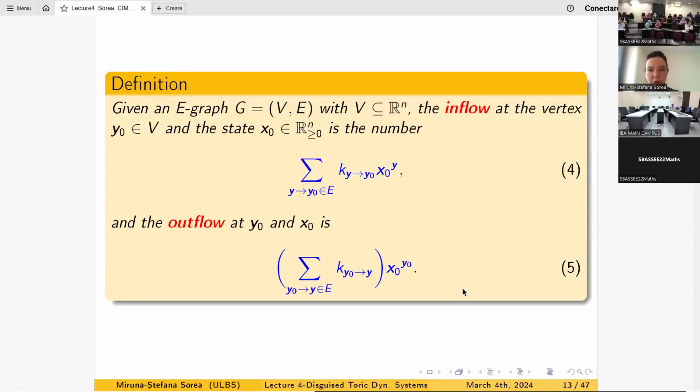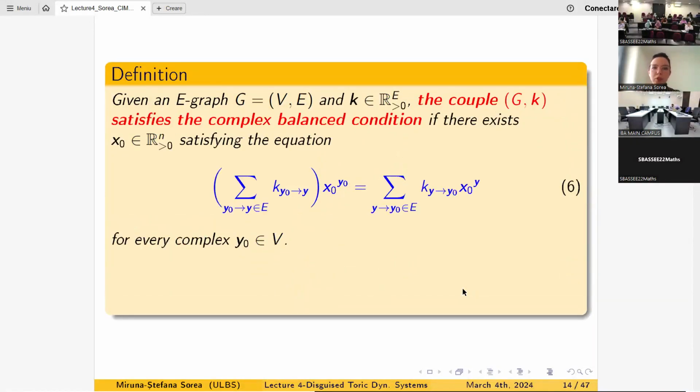I recall here, to make the presentation coherent, what a complex balanced system is: when does a couple, a graph and the vector K, satisfy the complex balance condition. Last week we were mostly saying that the network satisfies it; network and graph are the same for us.